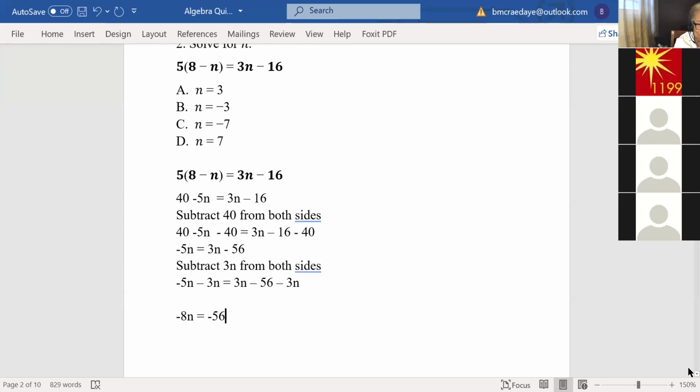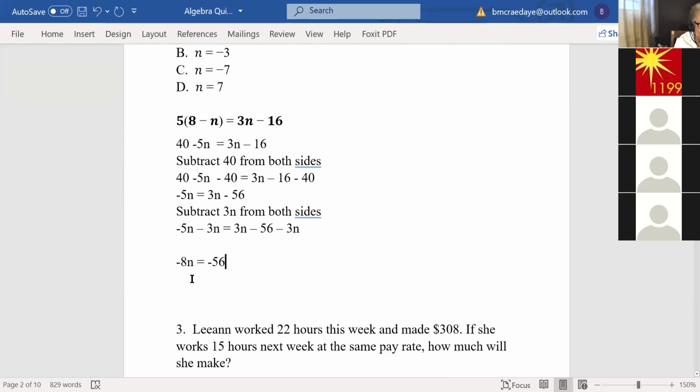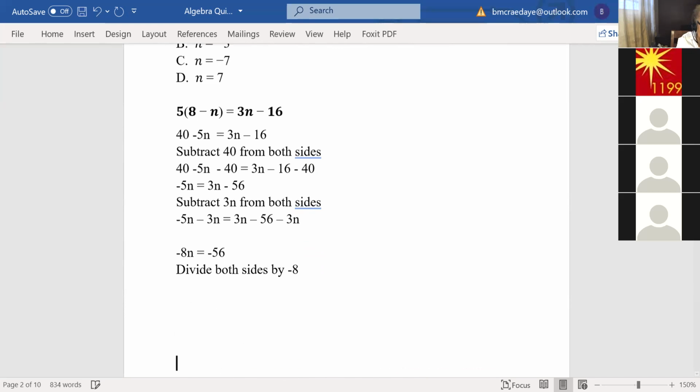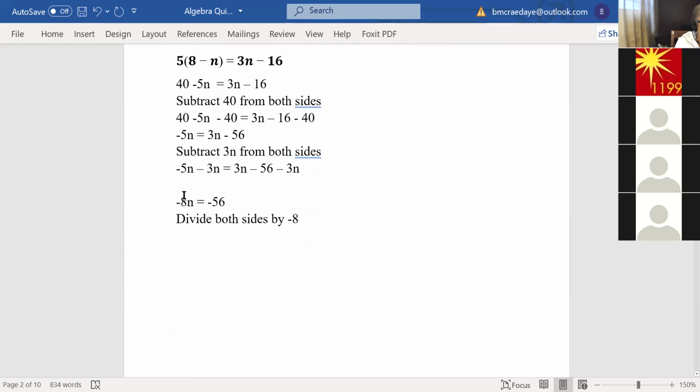You divide both sides by minus 8, right? Divide both sides by minus 8. So let's do that. Let's just copy that and then put the minus 8 under it.